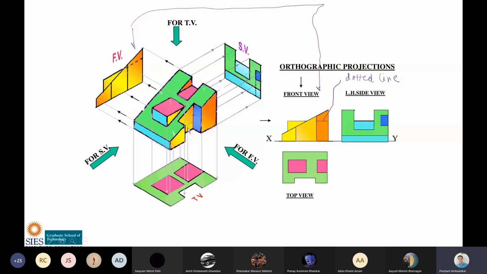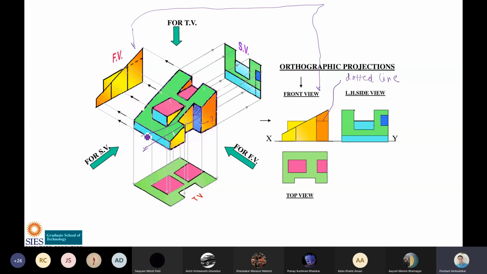Now, if the portion had been there, then this would have been a continuous line. Now, see, from here to this, this to this. So if I see from here to here, this much portion of the rectangle is only visible, and this bottom portion of the rectangle, this one, is not seen from here.